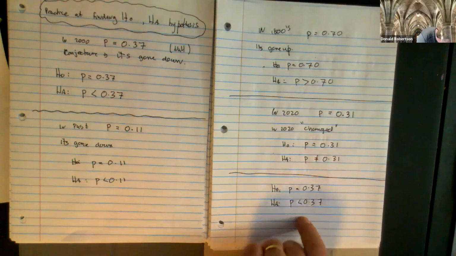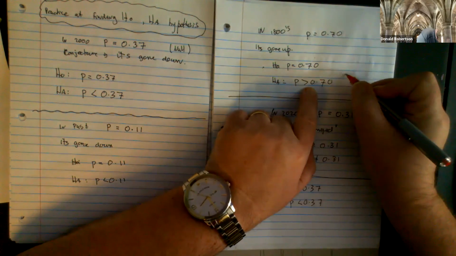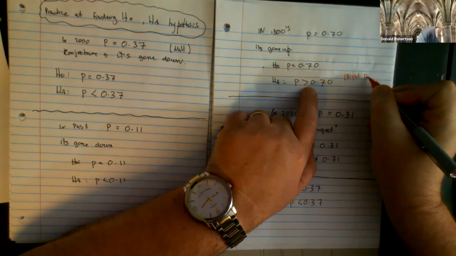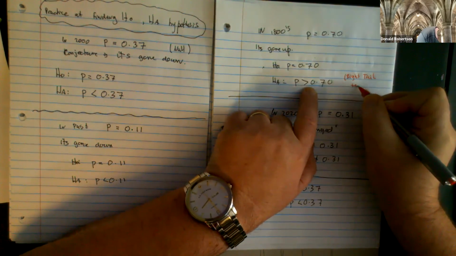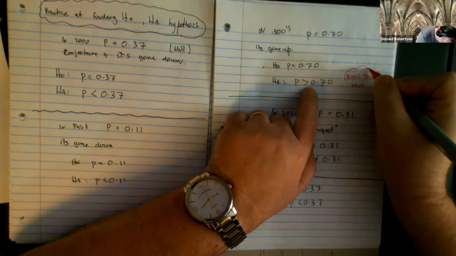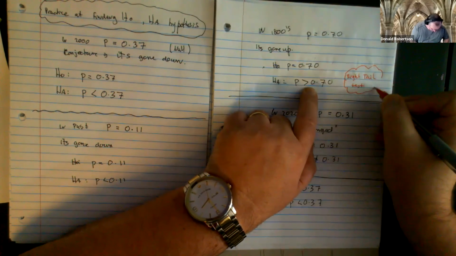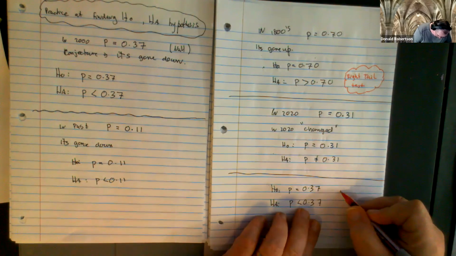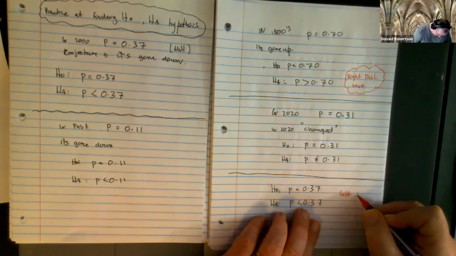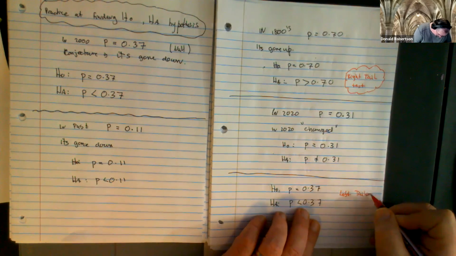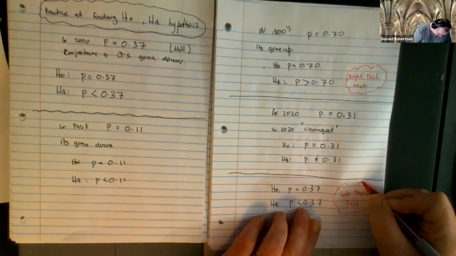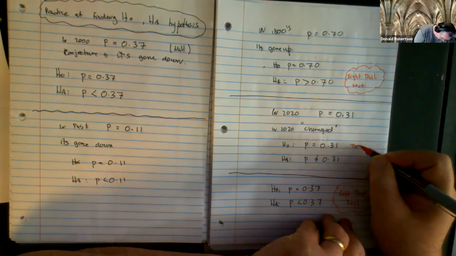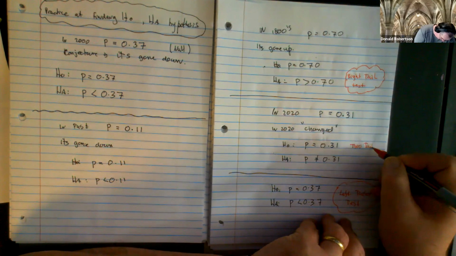This one is called a right-tailed test. So it's a hypothesis test, but this one is called a right-tailed hypothesis test. This one is called a left-tailed test. And this one is called a two-tailed test.